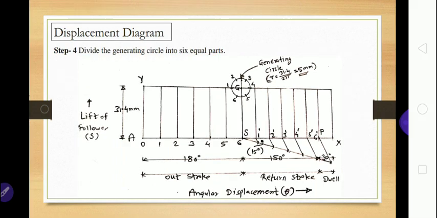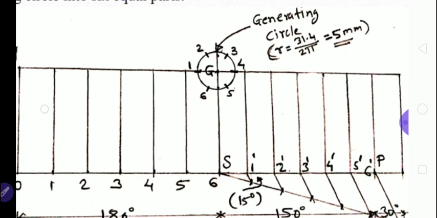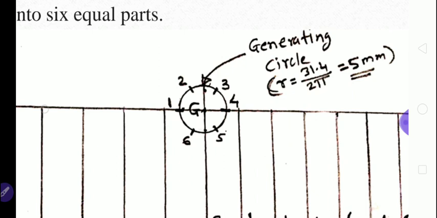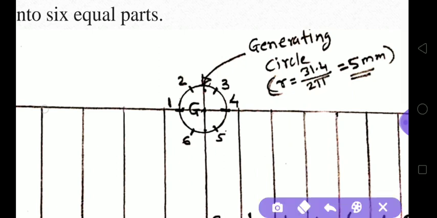Next step, divide the generating circle into 6 equal parts. Now how do we divide that generating circle into 6 equal parts? Here you have to consider G to 1 horizontally, this point as the 1 point.